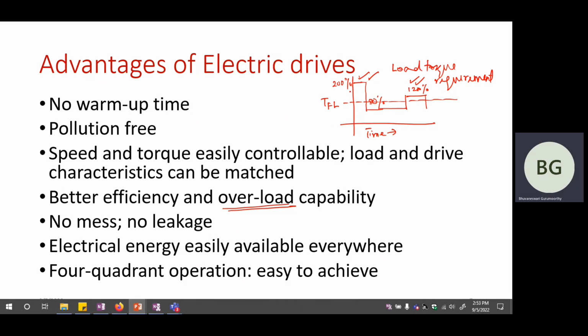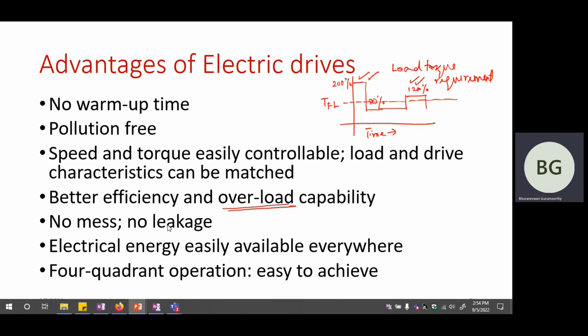If I load it to 200% and the motor is completely burnt, then it is of no use. So how are we going to assess the overload capability of the machine? We look at it eventually. But in general, many electric motors are capable of delivering anywhere between 200 to 250% of their normal torque. So the overload capability of many of the electric machines is pretty good.